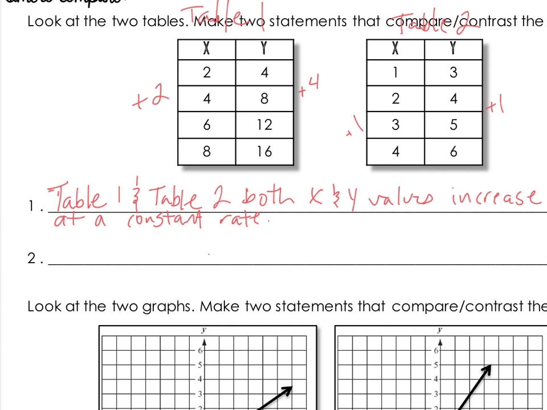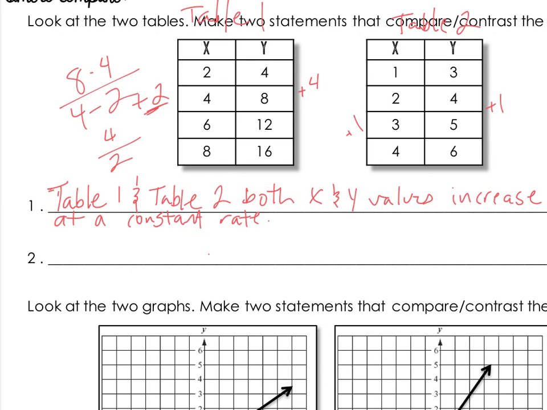So we compared them there. It looks like both tables go up at a constant rate. Yes, I know they're different rates. Well, maybe that's where they differ. So let's figure out the slope of table 1 and table 2, and I'm assuming they're going to be different. If I wanted to figure out the slope of table 1, again, y2, 8, minus y1, 4, over x2, 4, minus x1, 2. 8 minus 4 is 4. 4 minus 2 is 2.